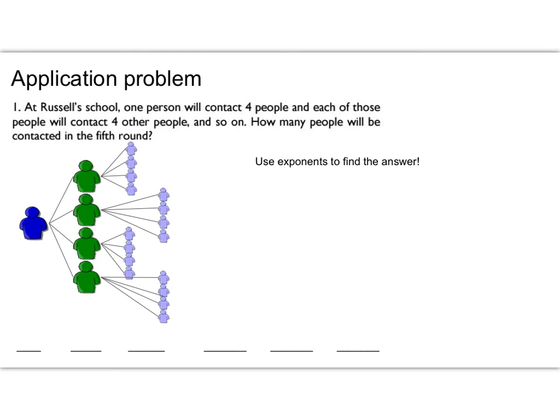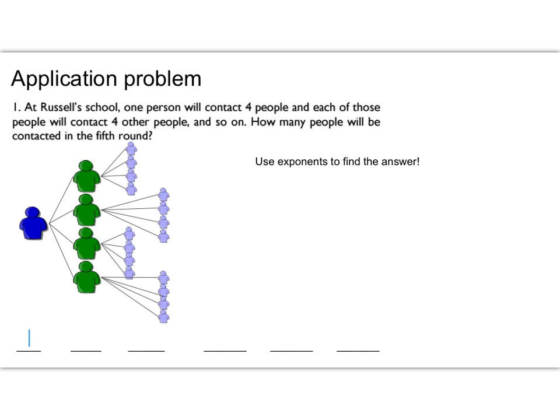So here's a little application problem, and I want you to use exponents to find this answer. And I'll give you a bit of a start here. So we start off with one person, and as often is the case, sometimes people use these phone trees to try to contact a lot of people.